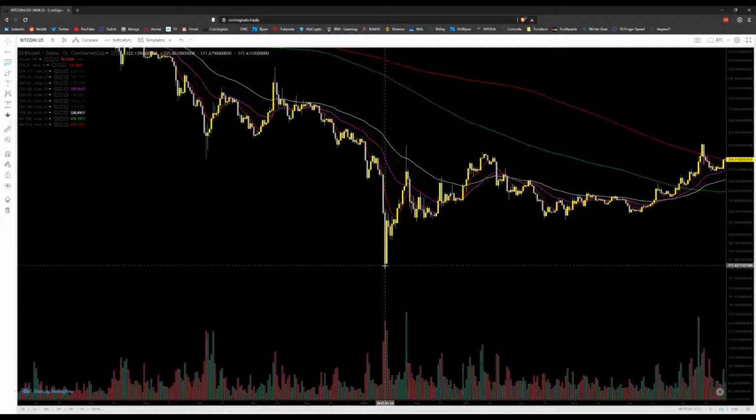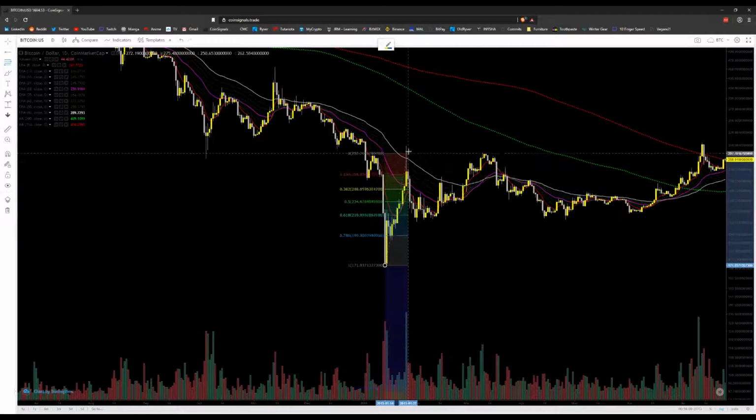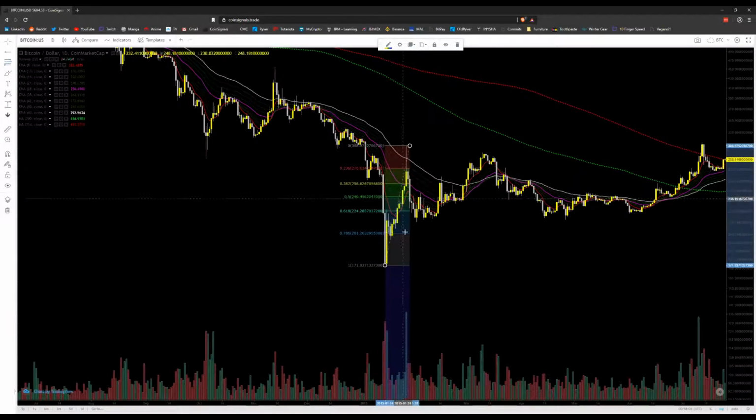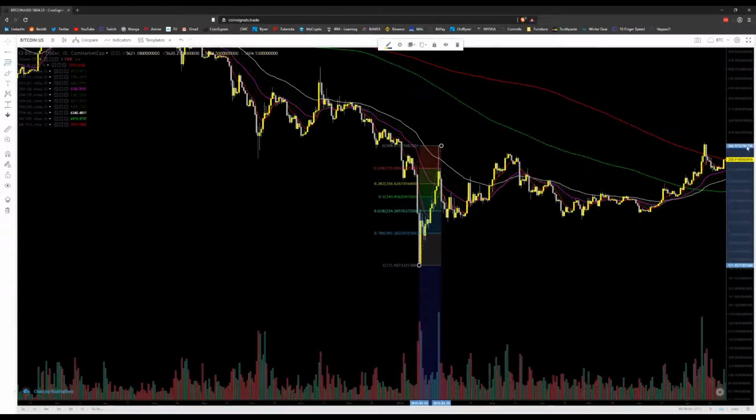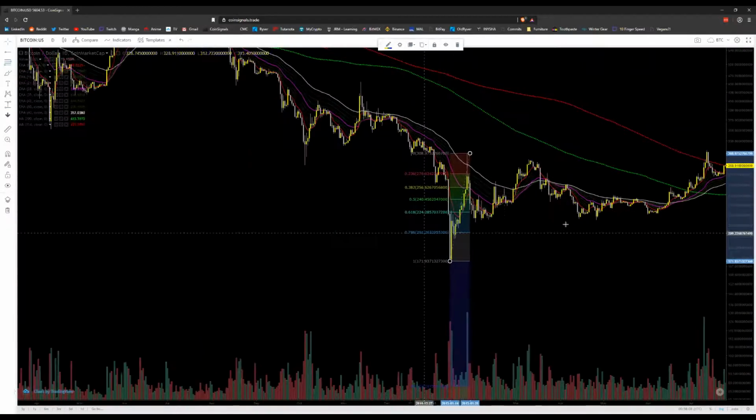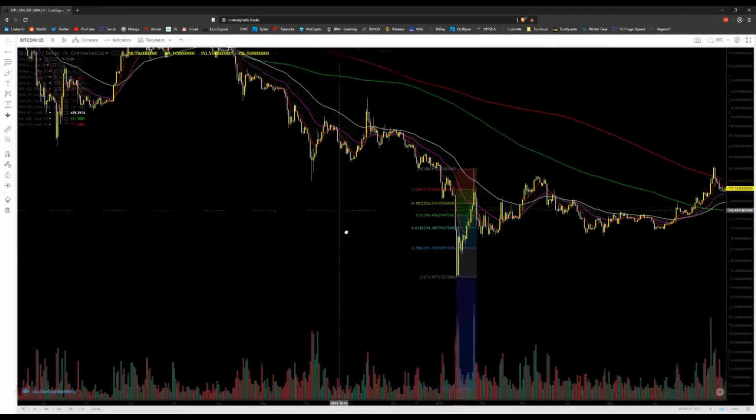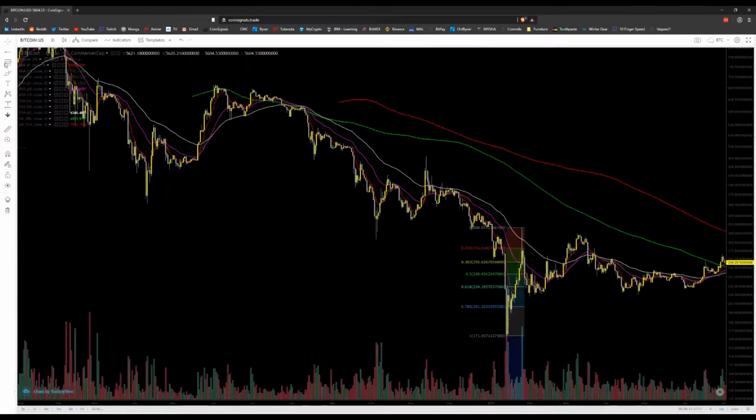So we're going to start our Fibonacci at this level. So we'll put the first anchor point at the very bottom here. And then the move after this potential bottom went all the way up to the top of this wick. So that is where we will put our second fib, okay? Now, if we were looking for resistance levels, right?